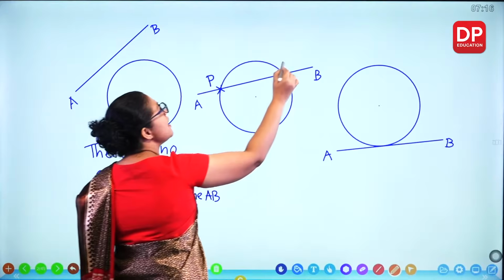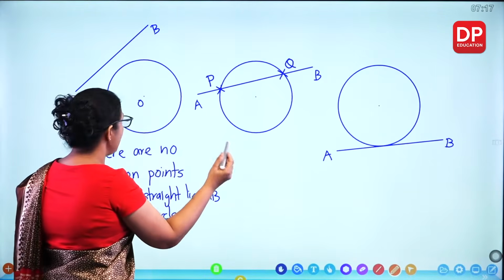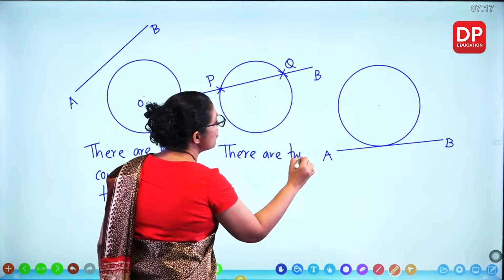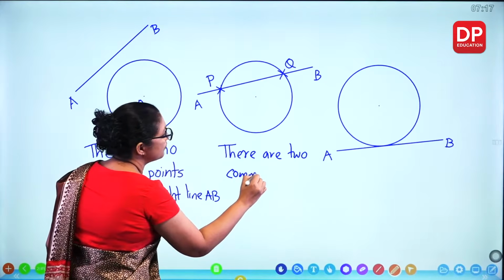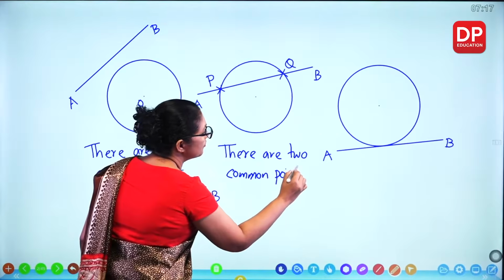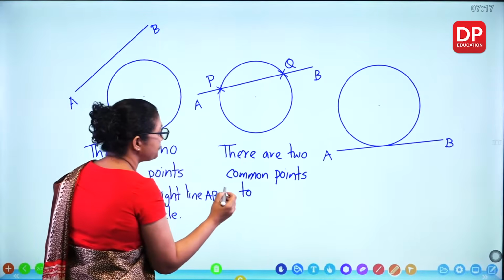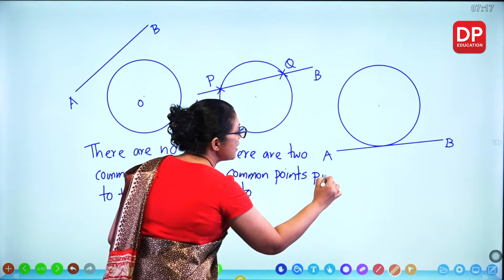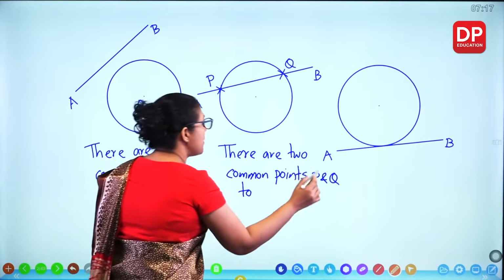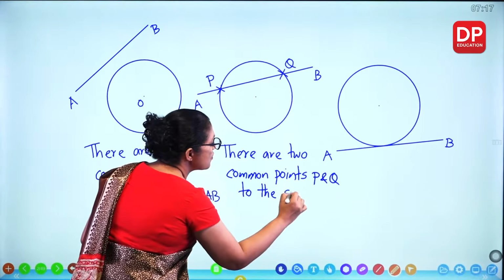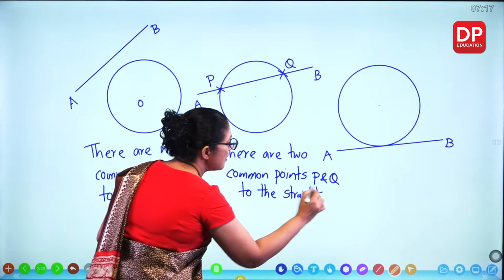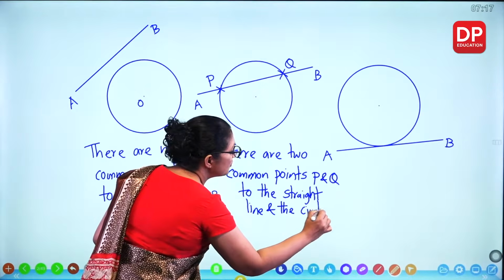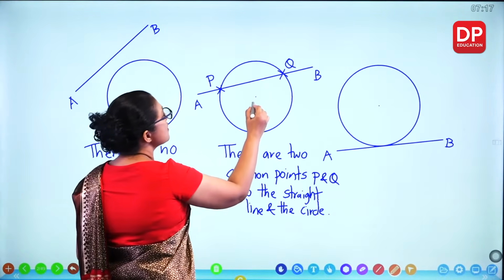So I'll label it as P and Q. So here we can see there are two common points, P and Q, to the straight line and the circle. So this is the center O.